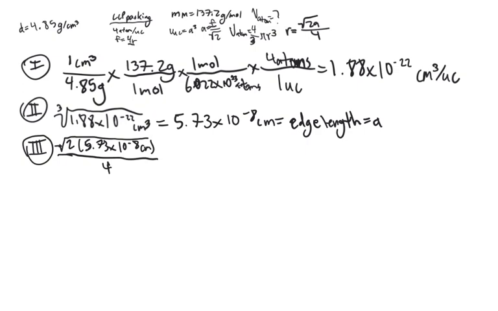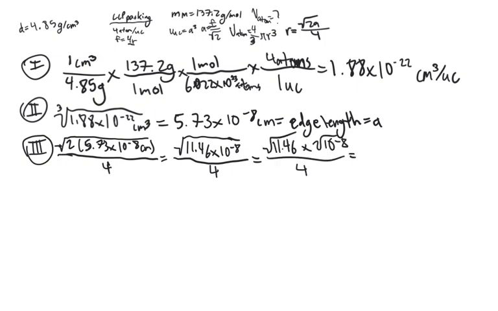And we will work through the problem to find the answer to that by first multiplying by 2 for the top, and then separating the 11.46 and the 10 to the negative 8th.